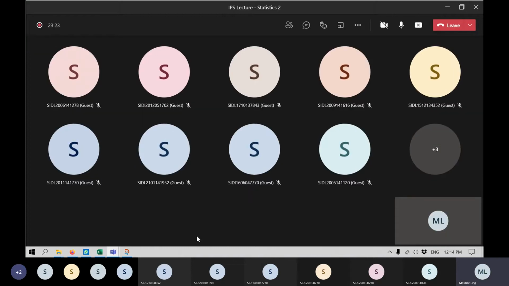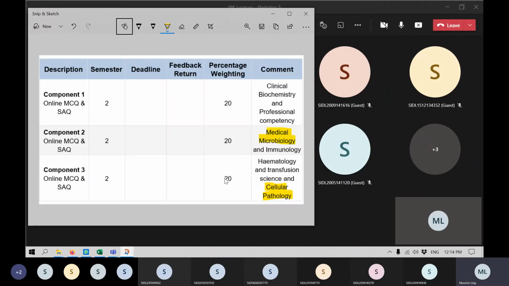Okay, so before we get started, I just want to talk about tomorrow's online assessment. Remind me, these are the two topics that were tested in the online assessment too? So medical microbiology and cellular pathology, correct? Yes. Okay, so basically immunology has not been tested.